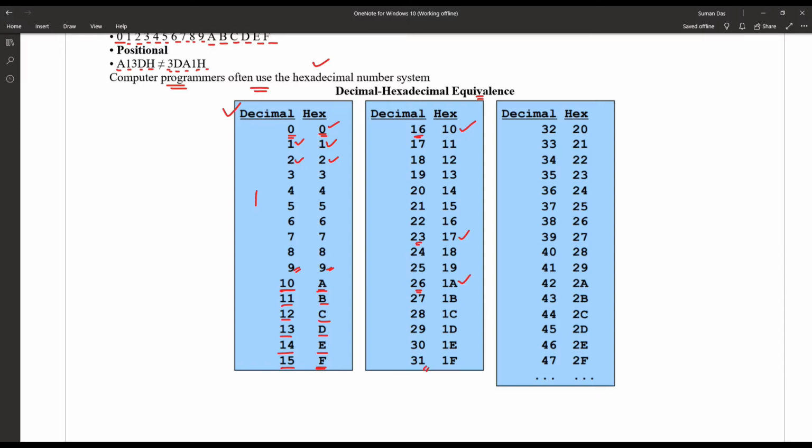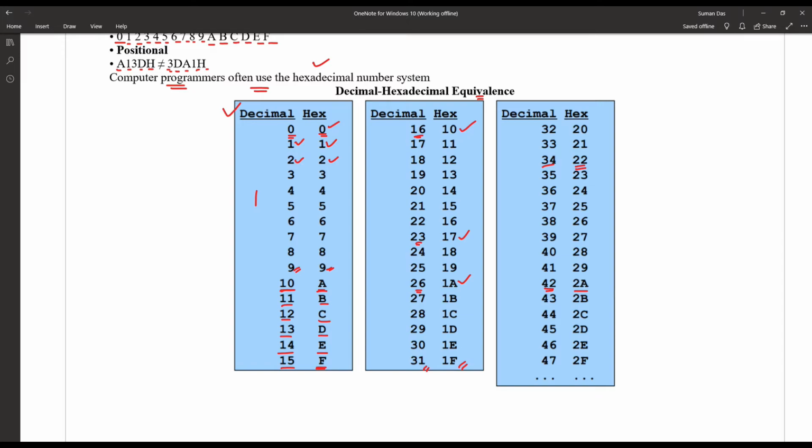Same for 31, that is 1F. Whichever is 34 in decimal, in hexadecimal that is 22. Whichever is 42 in decimal, that is 2 capital A in hexadecimal. In that way, the decimal hexadecimal equivalence can be found out.